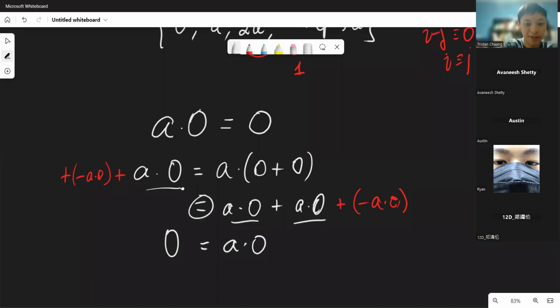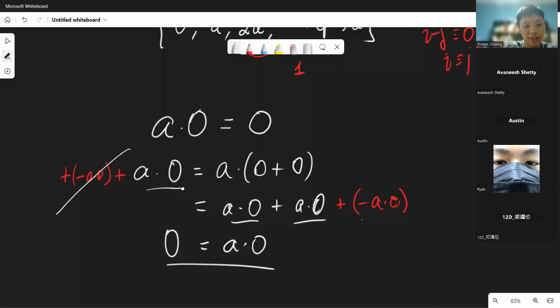Now, how about the second one? Second one is the distributive law. Well, it's the same thing. You just let B equals C equals 0. Now, how do I get from here to here? Since A dot 0 is an element of the set, it has an additive inverse, right? Now I add the additive inverse on both sides.